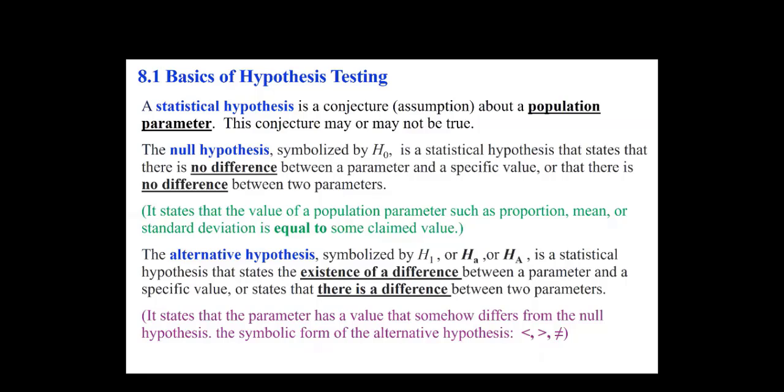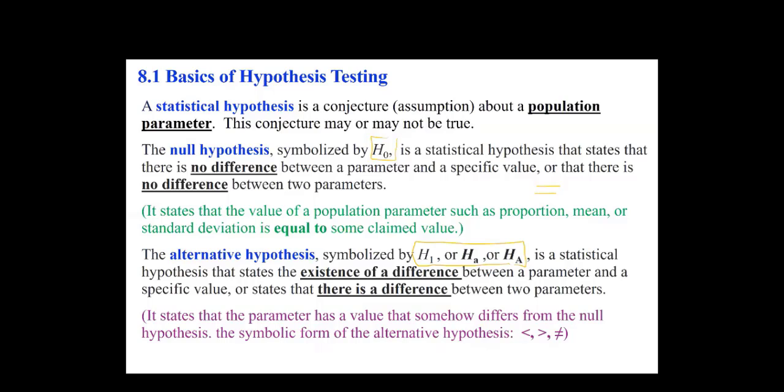So, number one, notation: H0 for the null hypothesis, H1 or HA. A, sometimes they use lowercase, stands for alternative. Sometimes they don't even go with H0 and H1. They just write what it refers to. So I want you to see what's happening. When it comes to H0, the equality sign is used.